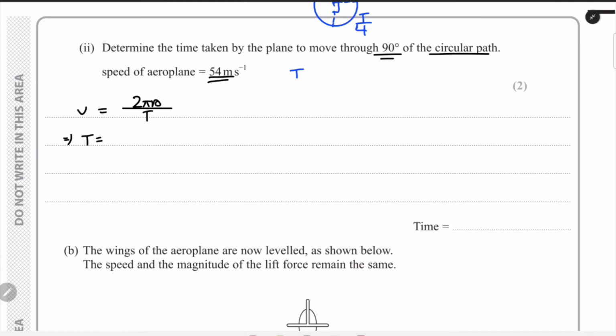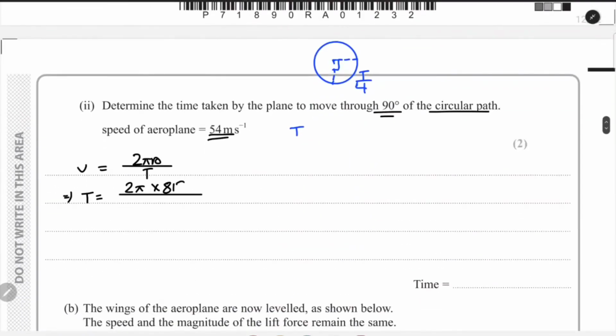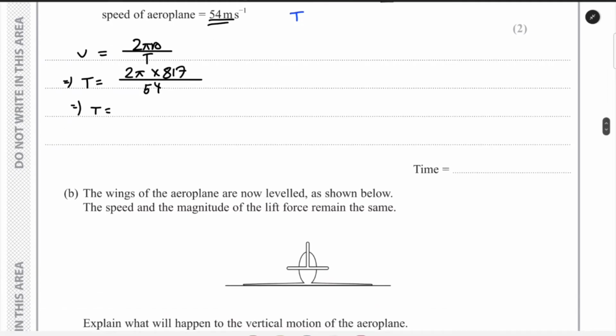I can make the time period the subject. On the top I'll have 2 pi times 817, our answer from the previous question, divided by 54. So the time period is 95.025, so 95.03 seconds.